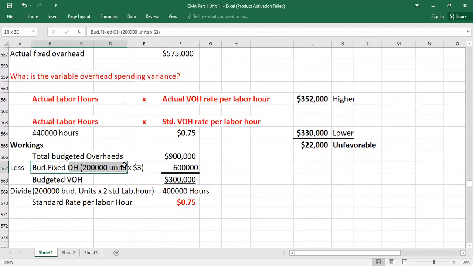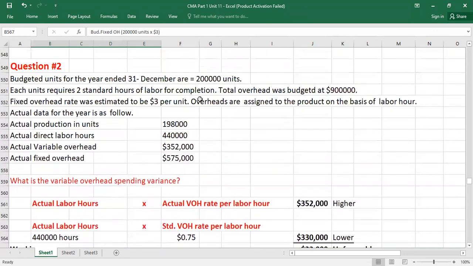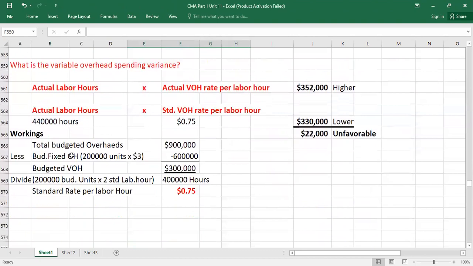You are also provided with the budgeted fixed overhead rate per unit in the question, which is $3 per unit. If you take the budgeted rate multiplied by budgeted units, you will get fixed overhead. So 200,000 units times $3 per unit gives you $600,000 for the budgeted fixed overhead.